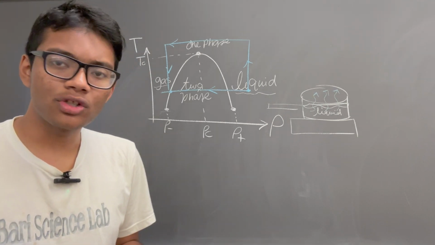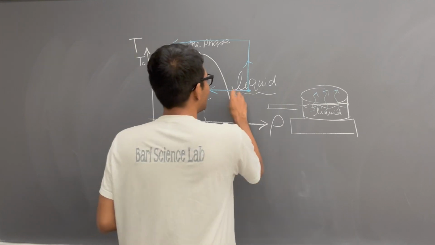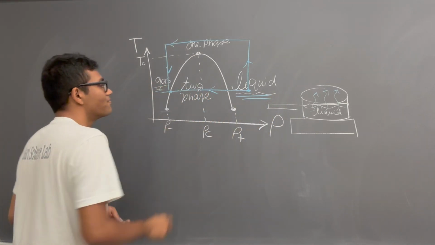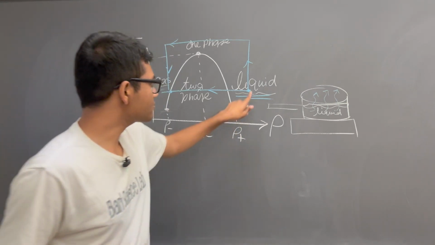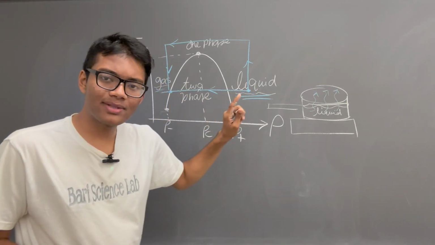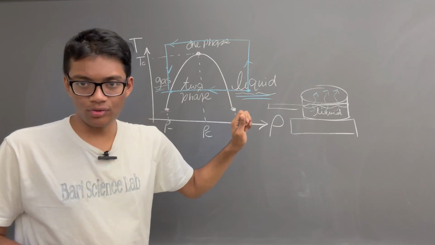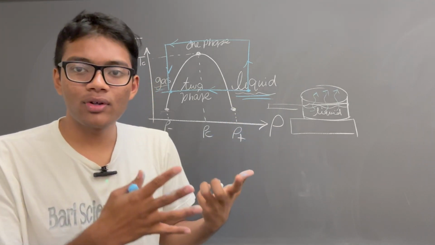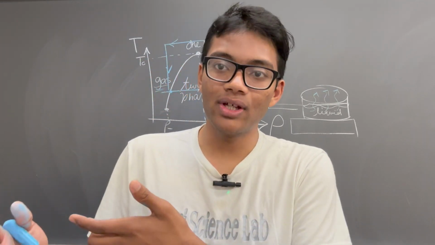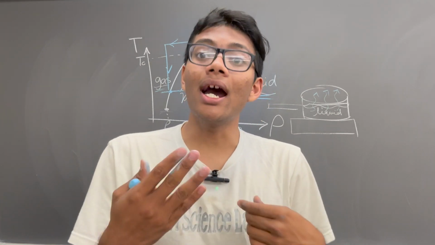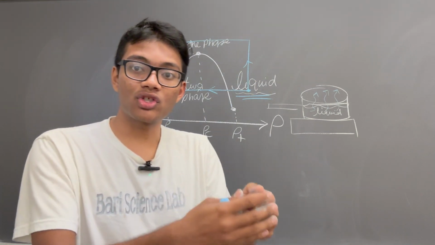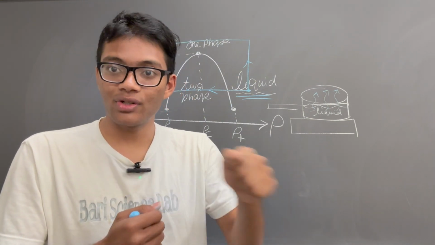And in fact, it'll turn out later in statistical mechanics that liquid and gas both have the same kind of symmetry. So liquid and gas both have the same symmetry, but liquid and solid do not have the same symmetry. In fact, the liquid version of water has a higher degree of symmetry than solid, ice water, which is why you cannot transition from liquid to solid without crossing the phase transition boundary.